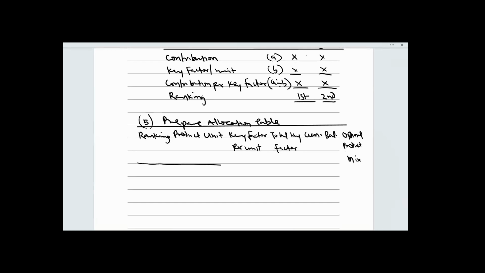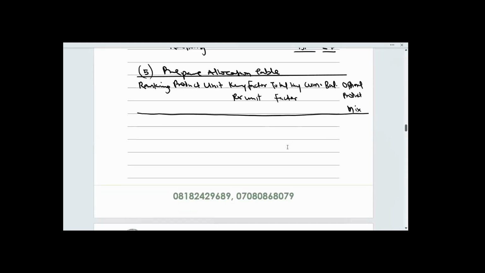All right. We're almost there. So let's say in the ranking, this is first, second, third. So that in our next class, we'll just be doing calculation only.